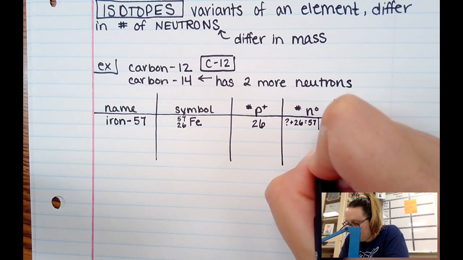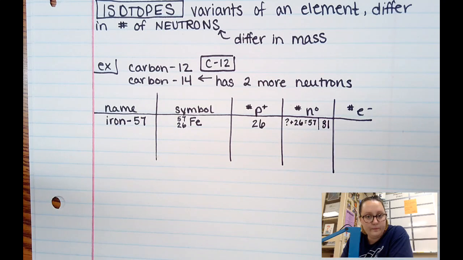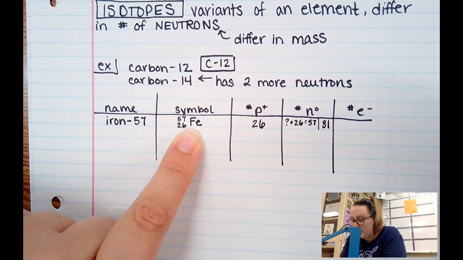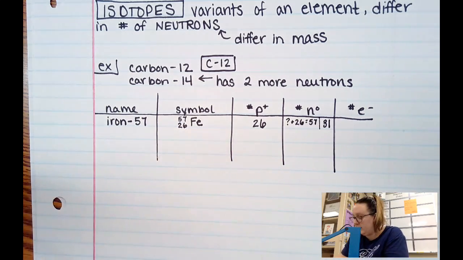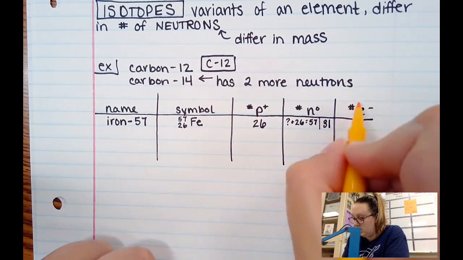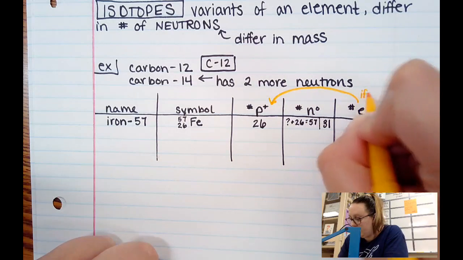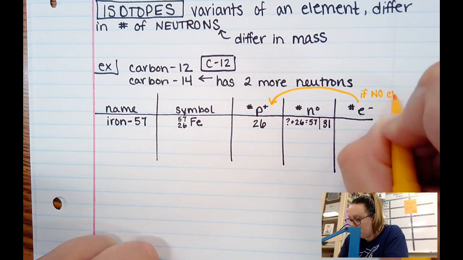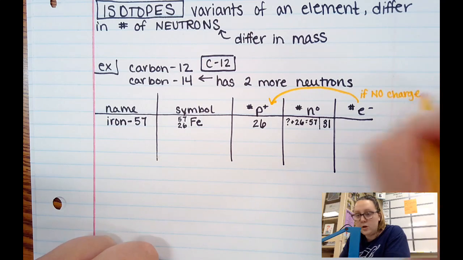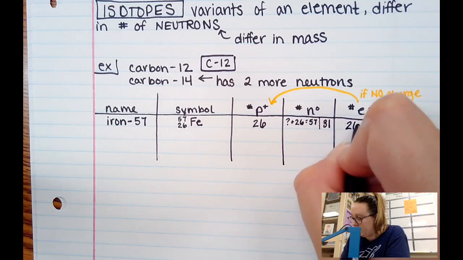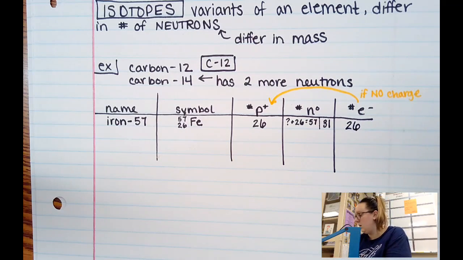And I get 31. Number of electrons. Nothing here is telling me it has a charge. So electrons, since it is neutral, will equal protons. So if there's no charge, electrons equals the number of protons. All right.